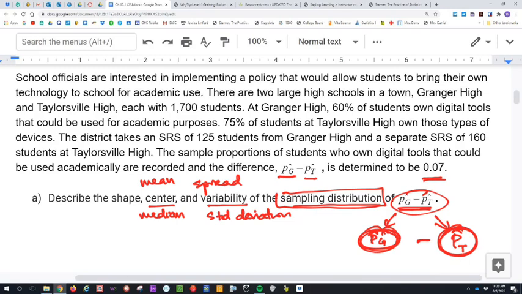By the way, I forgot to mention the shape. Shape could be skewed left or right, or it could be symmetric or bell shape.